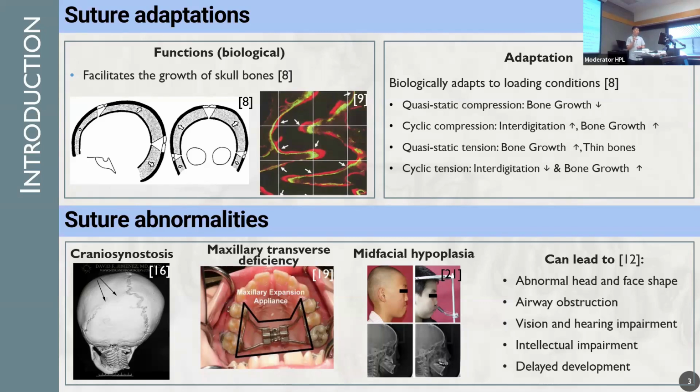So on the suture, someone else needs to look into that, but right now it's difficult to say.